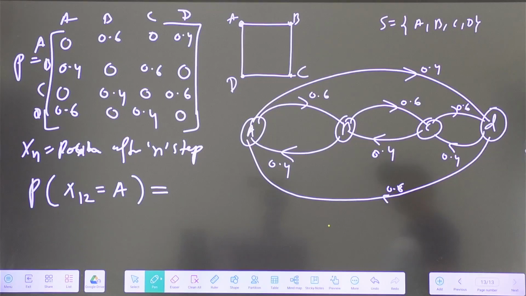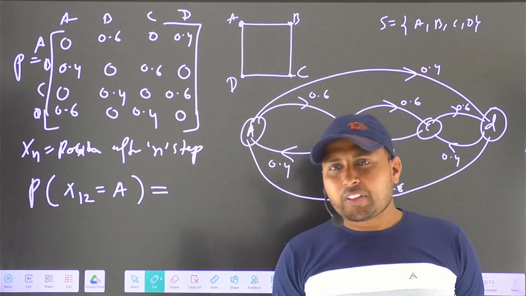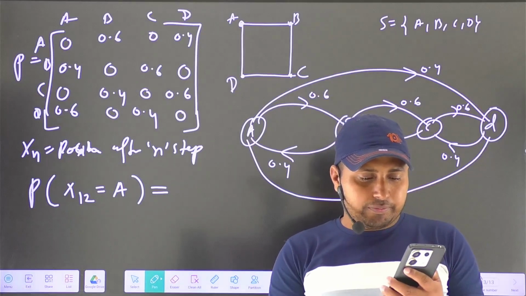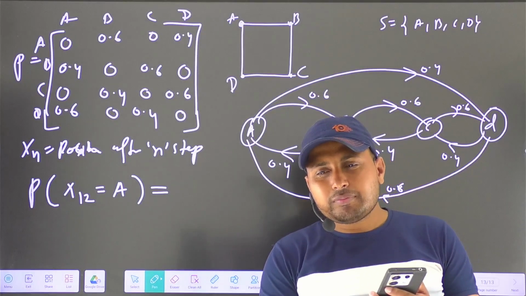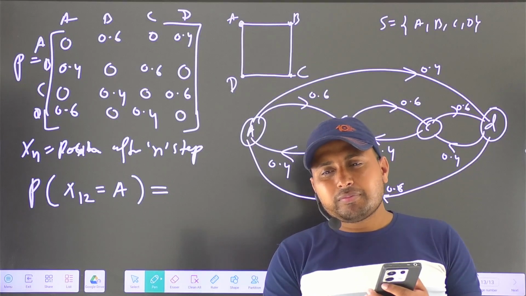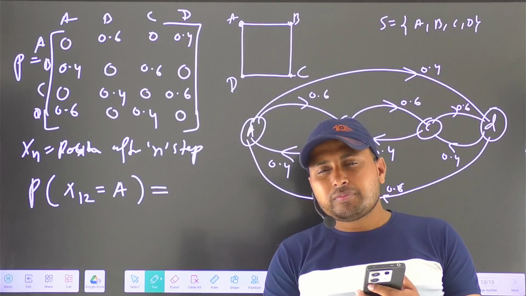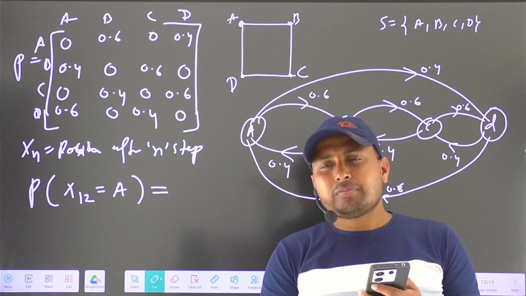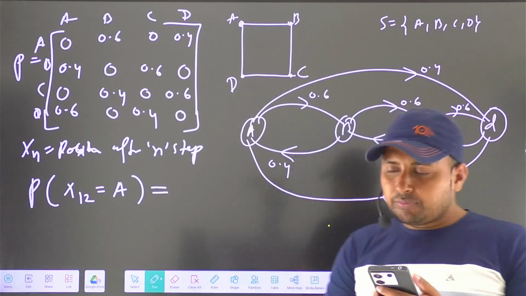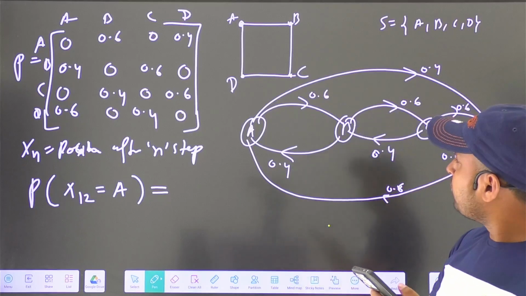Sir, I already solved this question in the exam. This is a question from the ISI entrance, P3 entrance, JRF. I found the 12th power and got the answer as nearly 0.499 something, so I approximated it as 1 by 2.